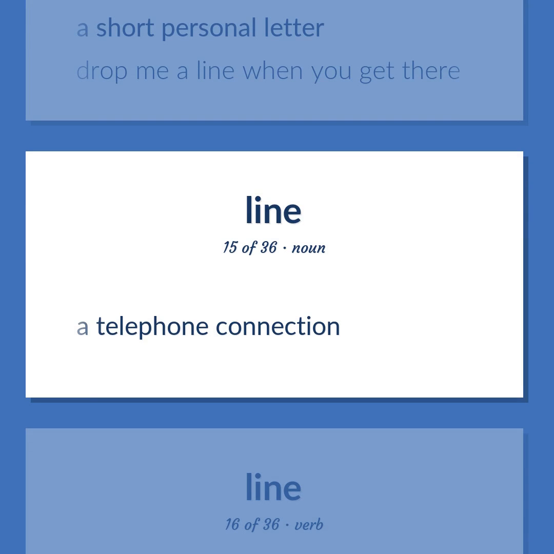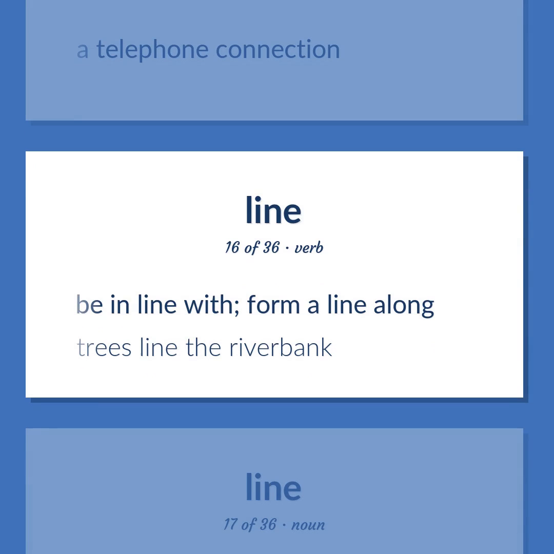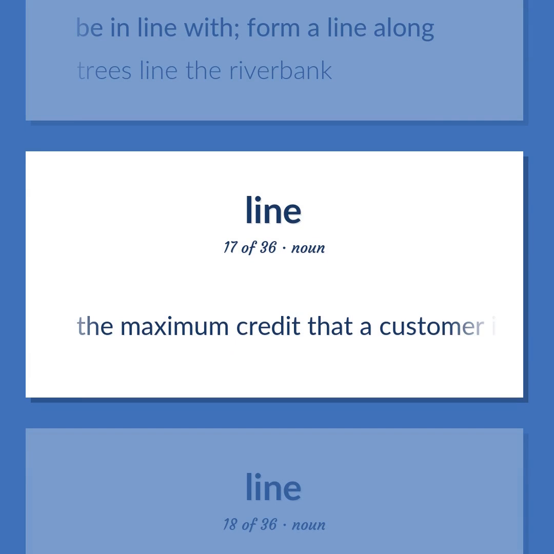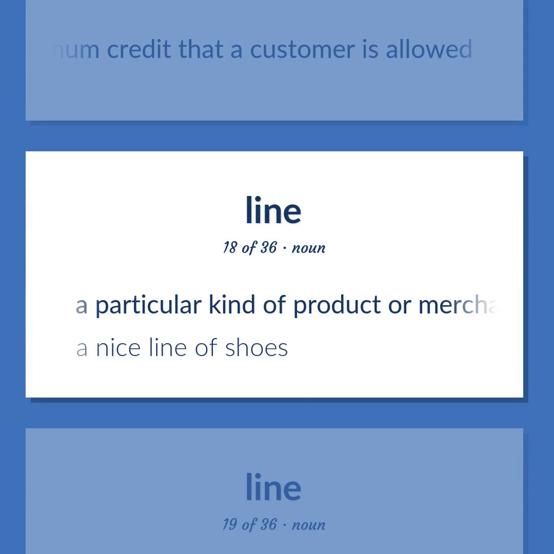A telephone connection. Be in line with, form a line along. Trees line the riverbank. The maximum credit that a customer is allowed. A particular kind of product or merchandise. A nice line of shoes.